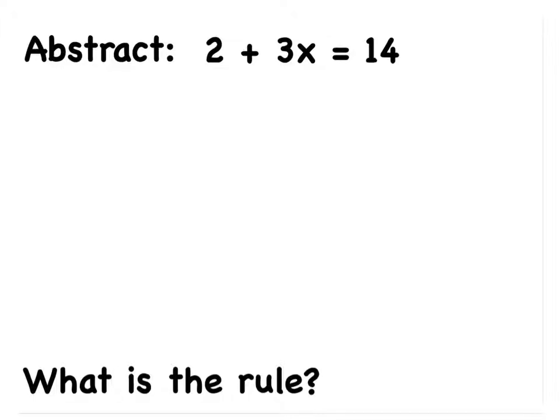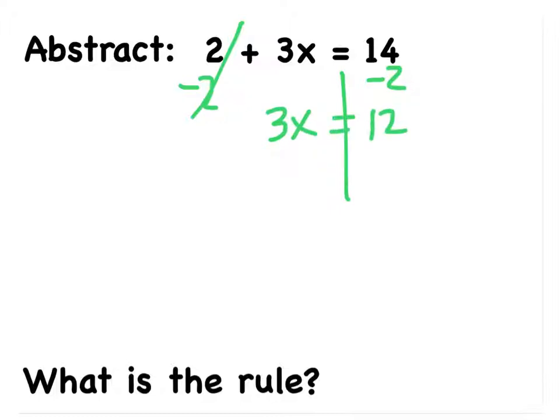Let's show that algebraically. So I am going to subtract 2 from both sides, so that cancels out. I get 3x equals 12. Then I divide both sides by 3, so I get x equals 4.